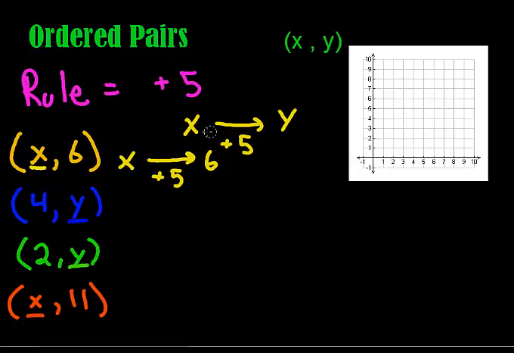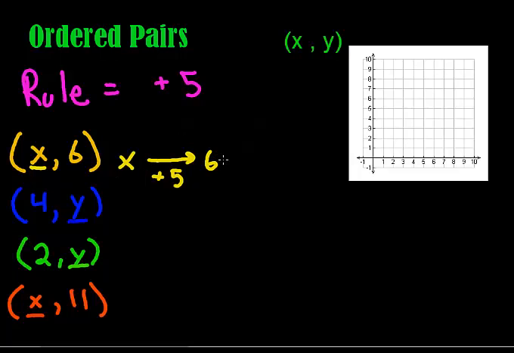Let me erase this other one to get it out of the way. Because right here it says my y is 6, my x is unknown, so I know it's x, some number, plus 5 equals 6. And what I can ask myself is, I can subtract backwards to find out what my x is.